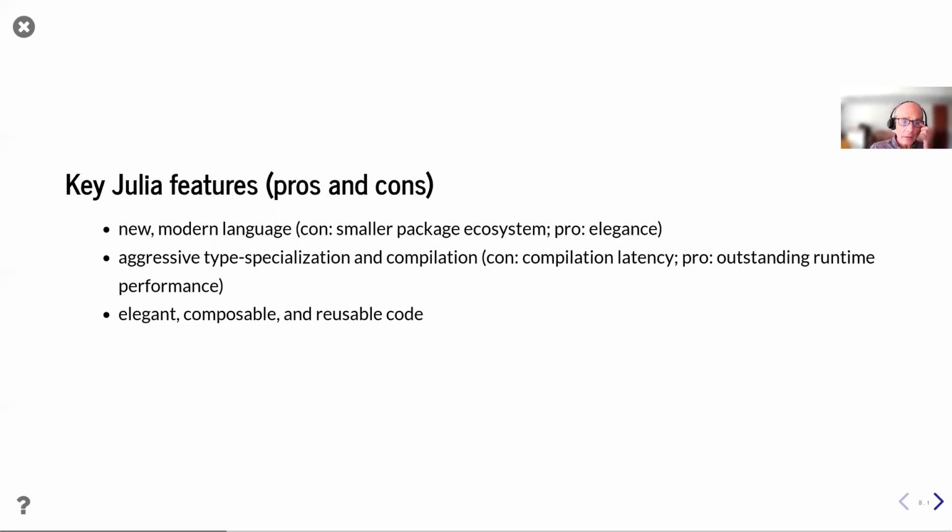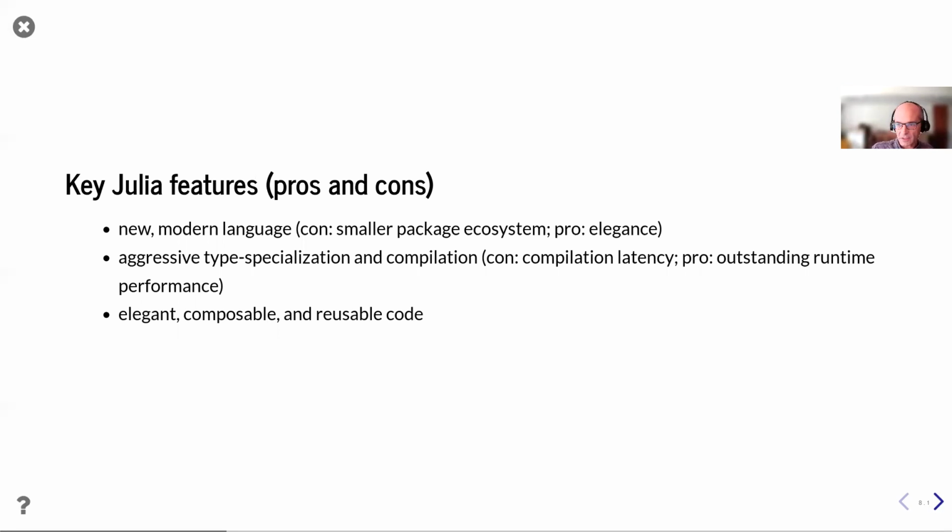And so I would simply describe three key features that it has. One is it's a new and modern language, which has a bad side: as fast as the package ecosystem is growing, and as good as it is, and as solid as the trunk of it is, once you start getting out into the little twigs, you will sometimes find things that no one has ever used Julia to do before.